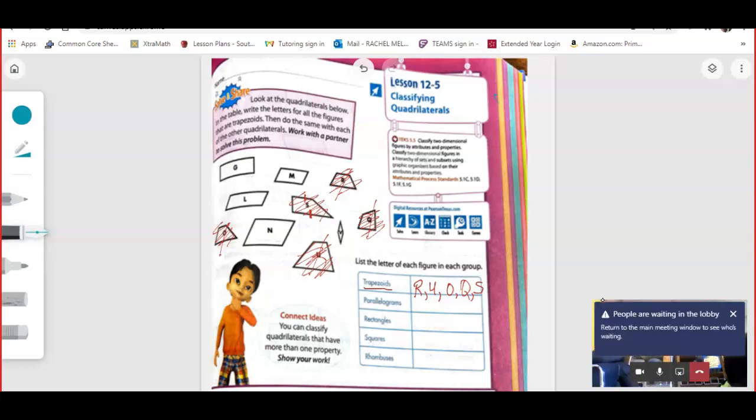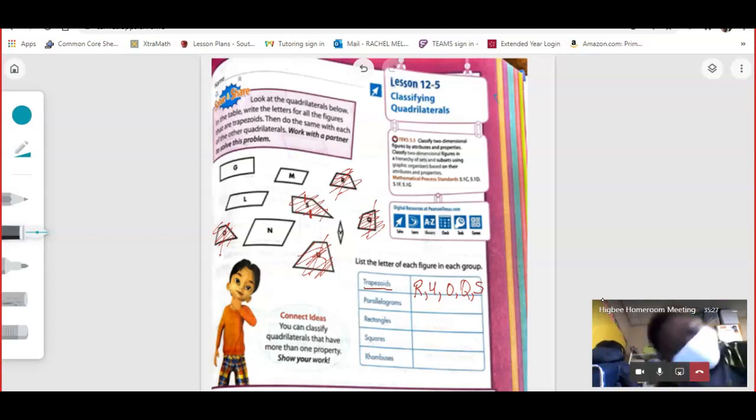Okay, very good. Think about the tree map I just showed you. If it's not a trapezoid, it's a parallelogram. So all of those that I crossed off are trapezoids, and the ones that are left are all parallelograms. G, L, M, N, and V are all parallelograms.